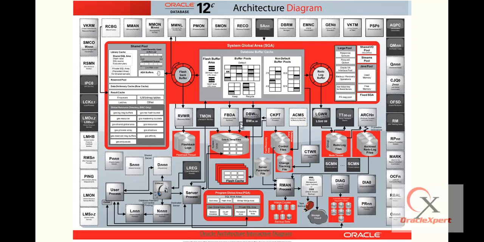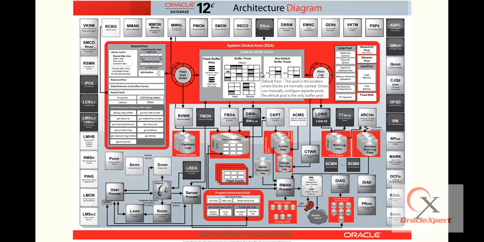When a consistent block is needed or a changed block is required on the other instance, Cache Fusion transfers the block image directly between the affected instances. Oracle RAC uses the private interconnect for inter-instance communication and block transfers.